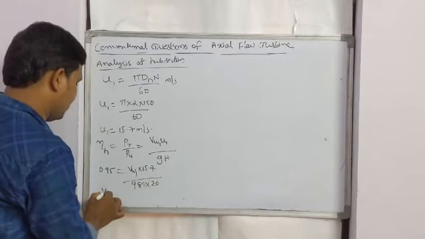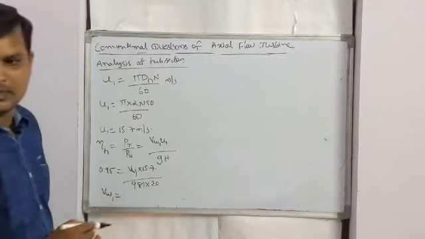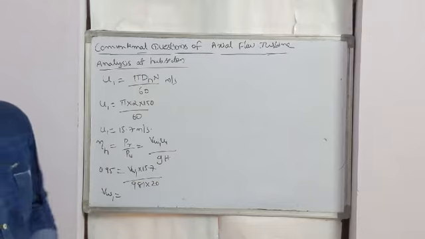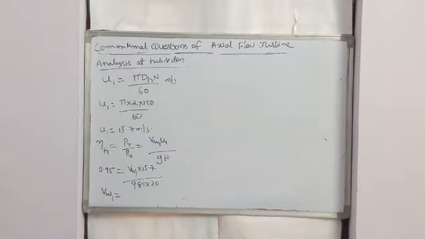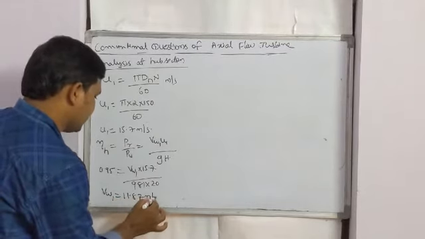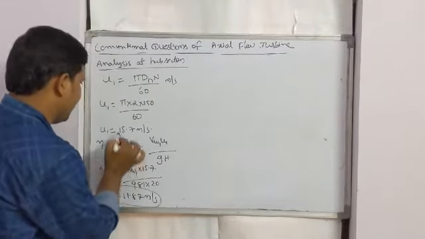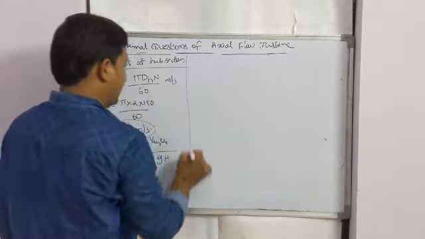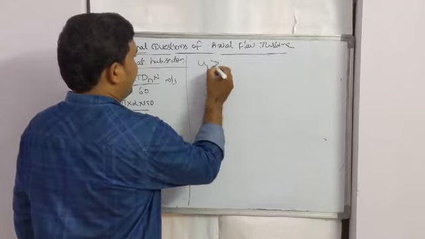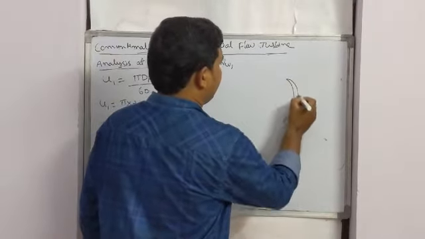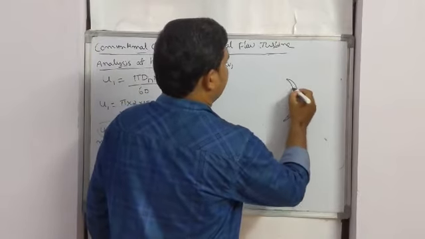By substituting all of this, we get VW1 as 11.87 meters per second. Observe VW1 and U1. By the relation of these, U1 is greater than VW1. Then the inlet vane angle will be the same as in a Francis turbine.